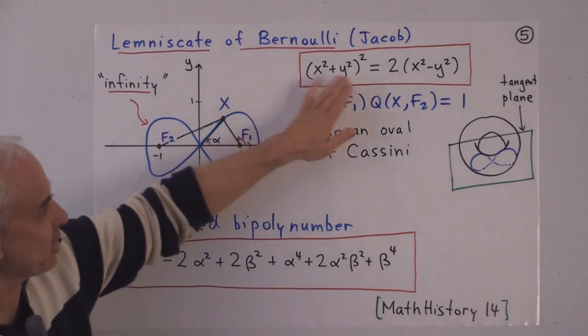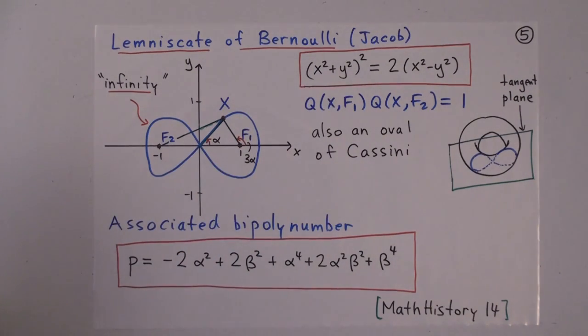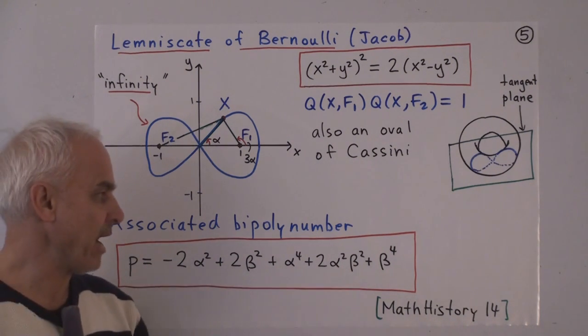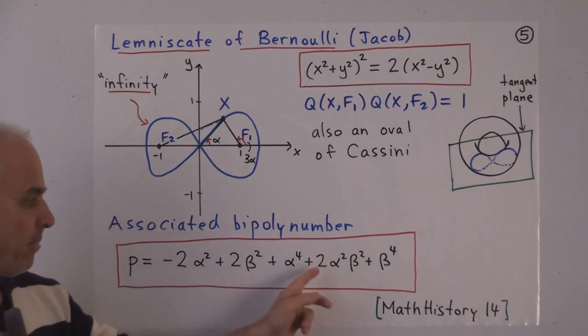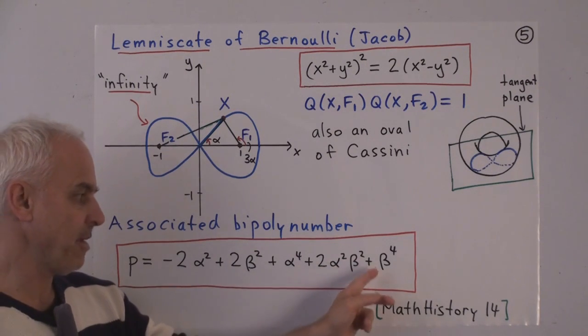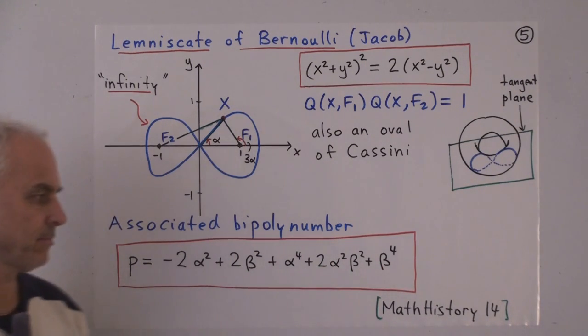Alright, so we can take this equation in x and y, bring all the terms to one side if we like, replace x with alpha, y with beta, and we get an associated bi-poly number: minus 2 alpha squared plus 2 beta squared plus alpha to the fourth plus 2 alpha squared beta squared plus beta to the fourth.